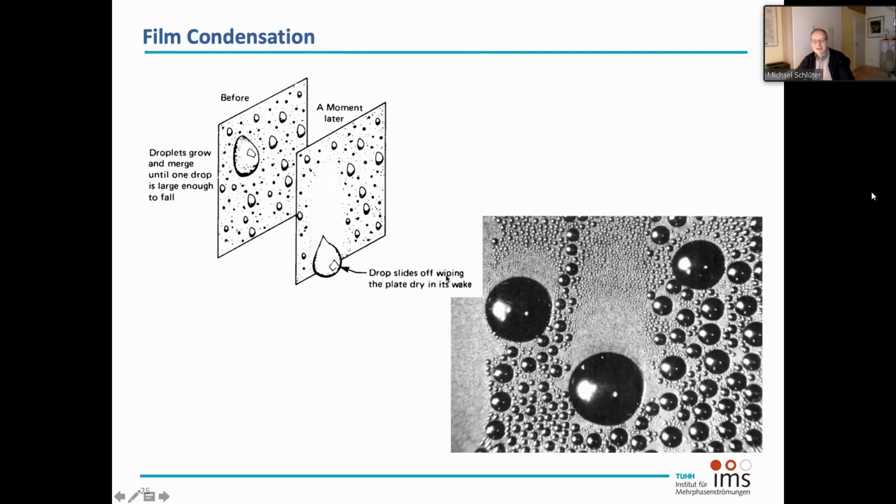Yeah, so the drops slide off and wipe the plate here, and with that they increase the heat transfer, and of course they create new fresh surface where more condensation can take place. Okay, so this is the reason why even condensation is a very, very efficient heat transfer process.